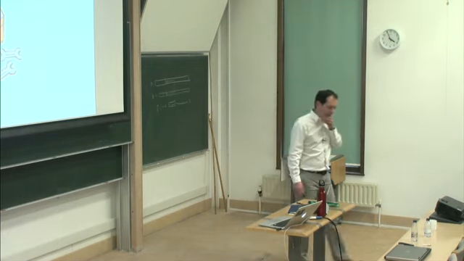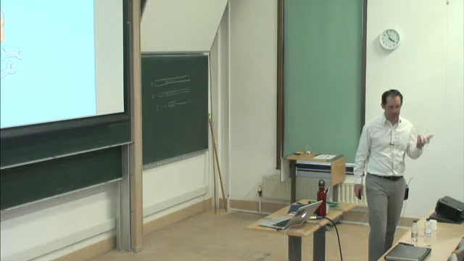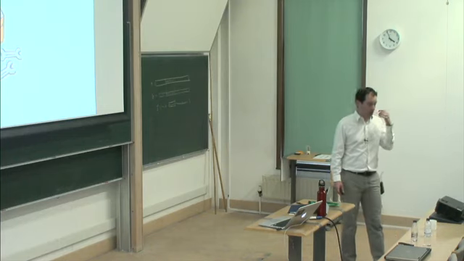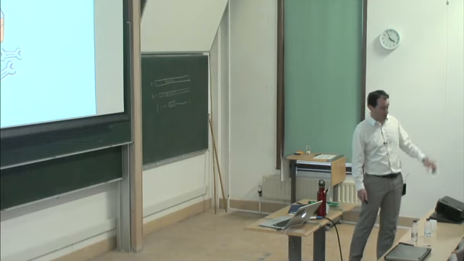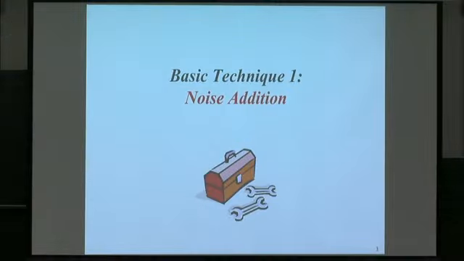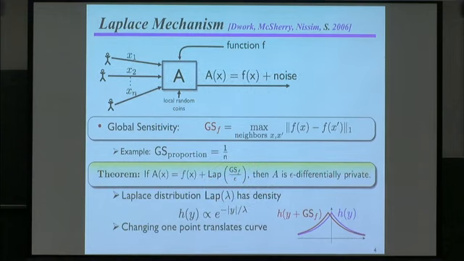Okay, so what I'd like to do is give a sense of some of the other methods one can use to design differentially private algorithms. I'll come back to the noise addition technique and say a little more about it. This is a slide from earlier in the talk. Remember, if I have some vector of summaries I want to release, I can add noise to it, and the amount of noise scales with a quantity that depends on f.